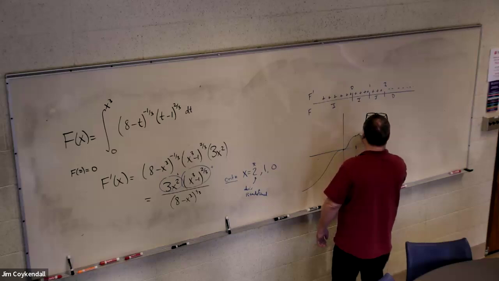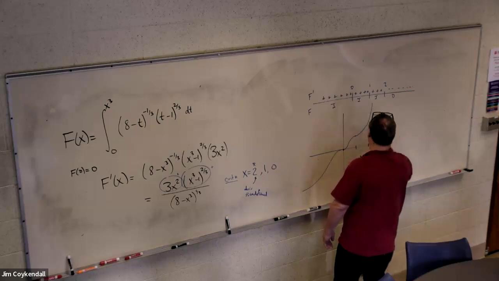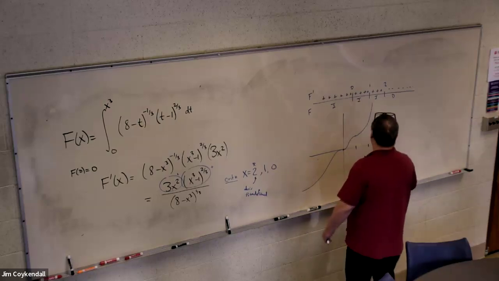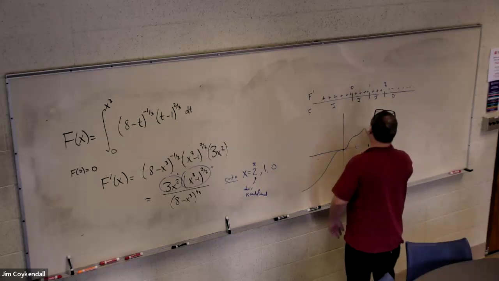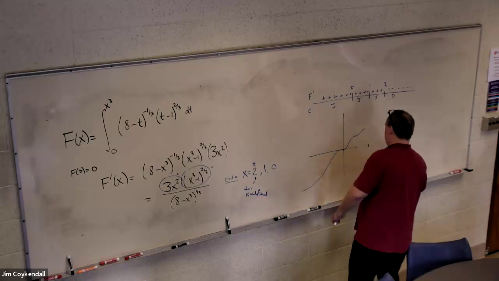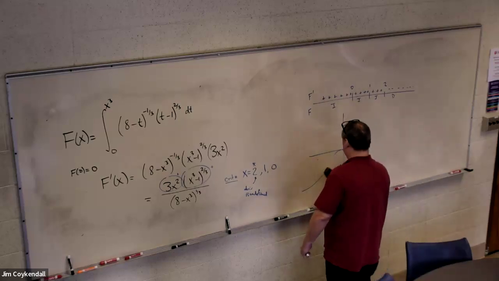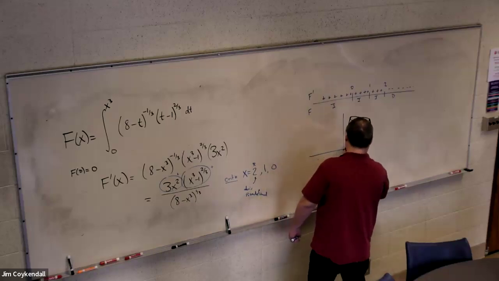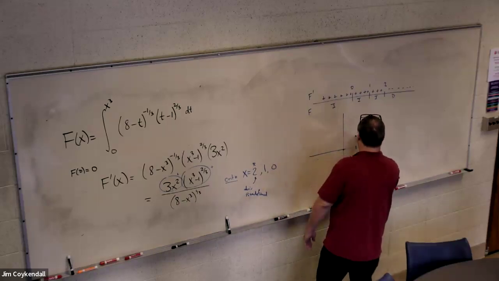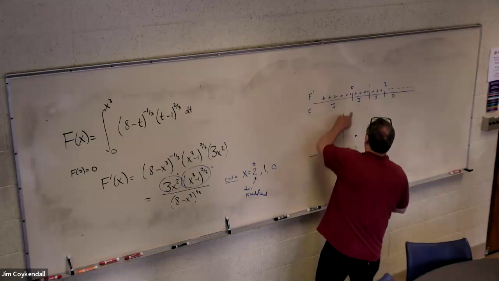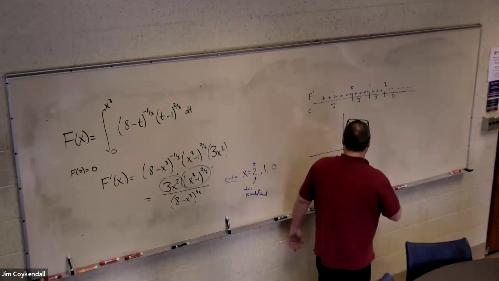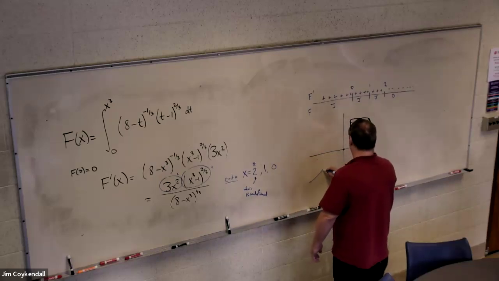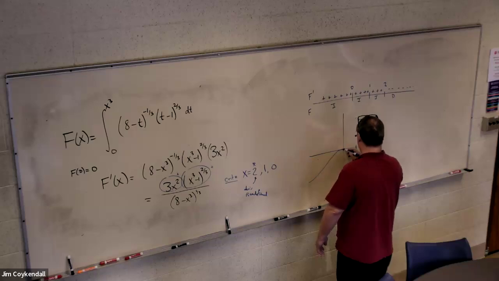And then it increases. So 0 and 1 are both places where the derivative is 0, but they're not a local maximum. And then the function keeps increasing.